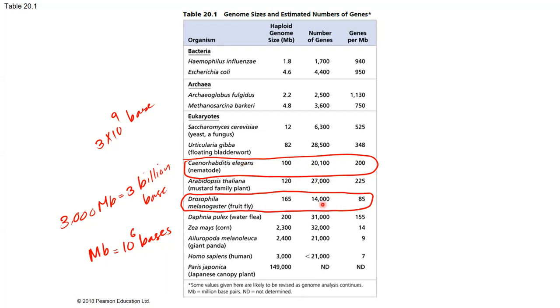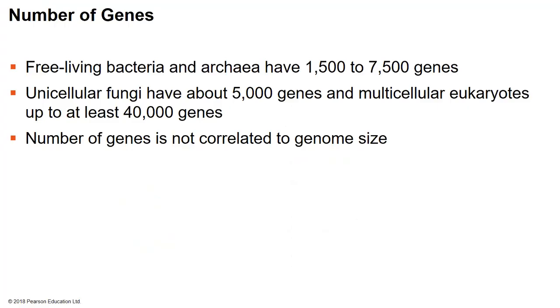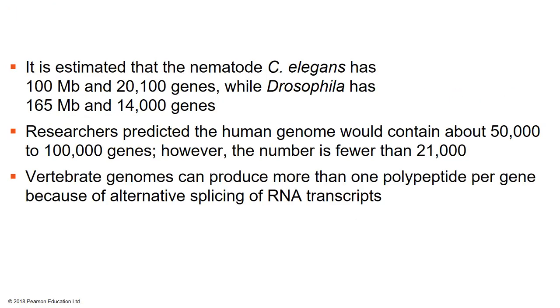How can a Drosophila produce more proteins from a lower number of genes? This is because of alternative splicing.